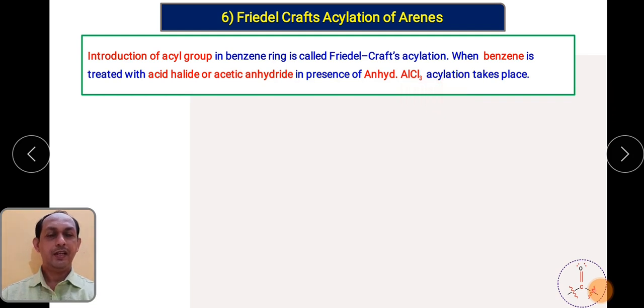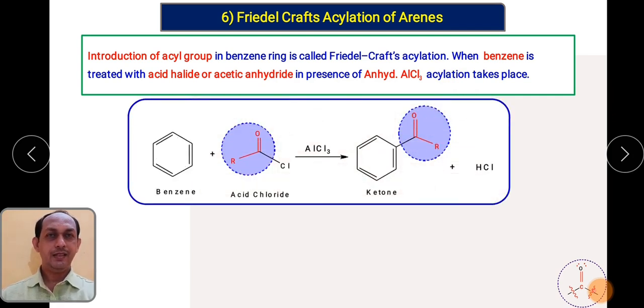Acylation takes place. Acyl group means which group? Dash COCl, right? Let us see what they have said. Benzene is treated with acid halide or acid chloride in presence of AlCl3 as a catalyst. So this acyl group is introduced into the benzene ring. See what happens.